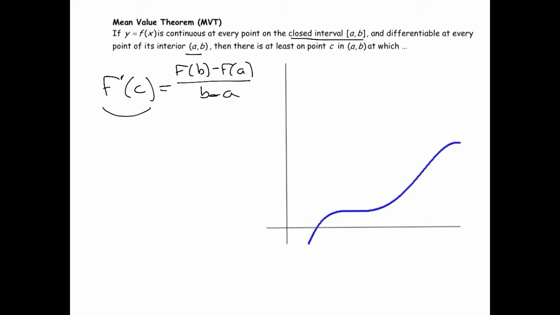So this is the derivative at a point that's guaranteed to be equal to the average rate of change over the entire interval.